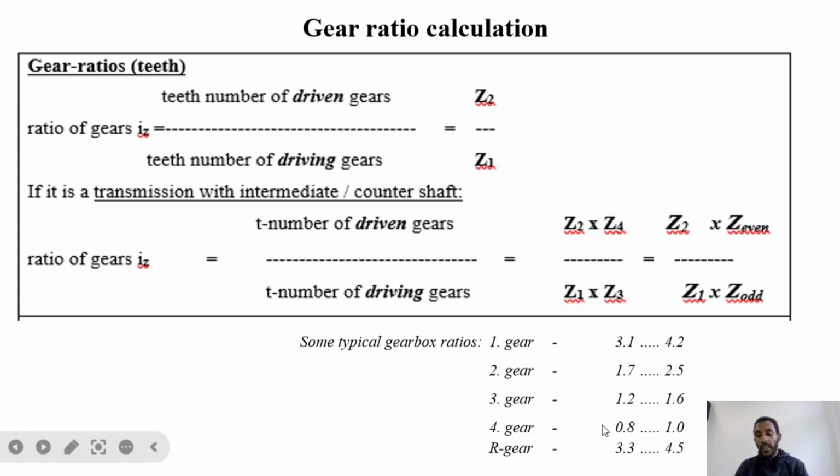So the speed will increase and the torque will be decreased. In this part we call this one underdrive, and we call this one overdrive. In the case of reverse gear, if you observe 3.3 to 4.5, which means for the same design, the first gear is 3.1 but the reverse is 3.3.